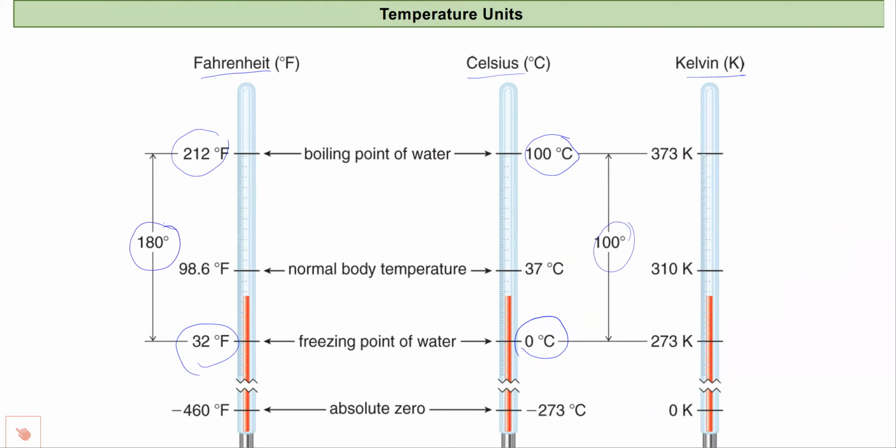This is how we get such a complicated way of converting between the two, because each degree doesn't represent the same change in temperature. And so we won't work in Fahrenheit units when we talk about temperature. We'll work in Celsius or Kelvin.